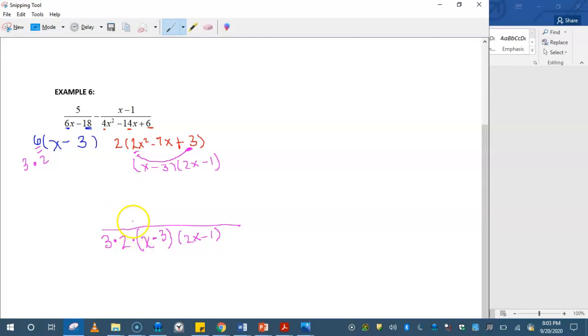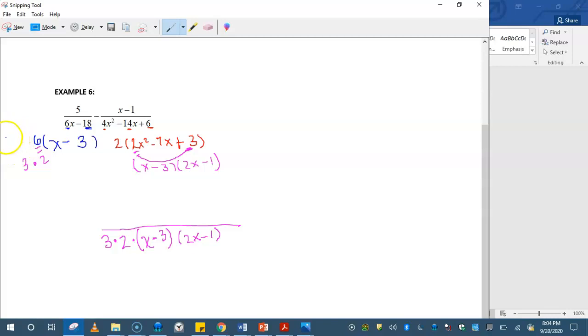Okay. Now, let's go to each one of the fractions and let's start thinking about what we don't have in each one of the fractions, or what's missing. So for the first fraction, we got the 3, we got the 2, we got the x minus 3, right, from our least common denominator. What we're missing is the 2x minus 1.